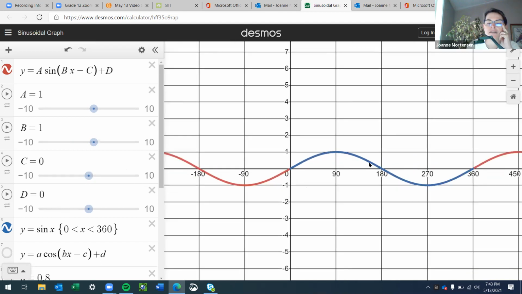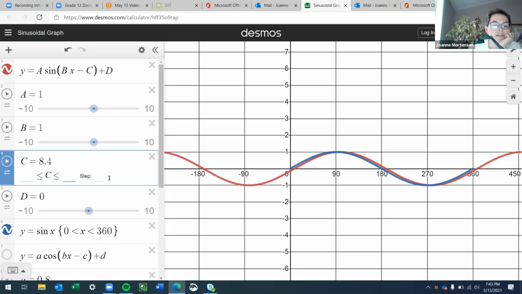All right, so here is my complete cycle. I'm starting at 0 and I end at 360. I'm going to adjust that from 0 to, let's say, 90.